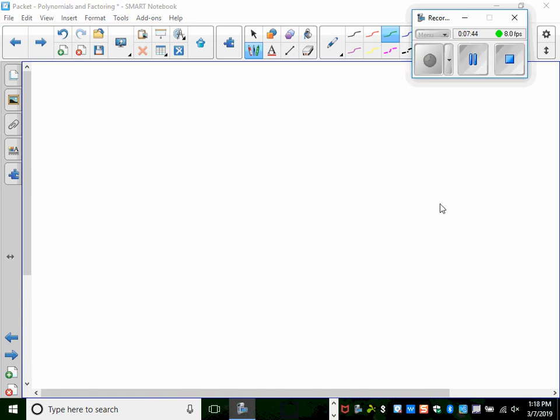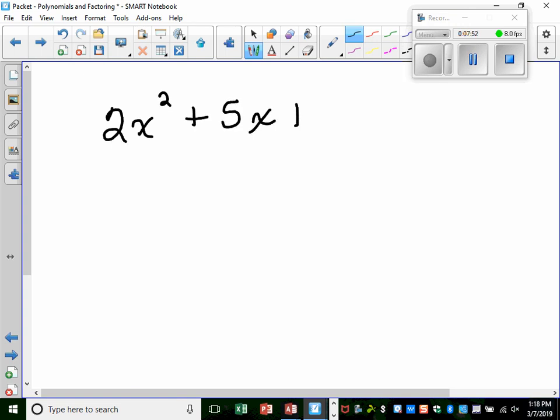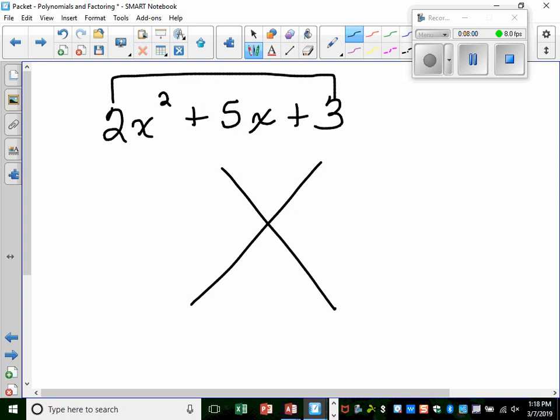All right, so let's take a look at number 2. I'm going to write down number 2, which is 2x squared plus 5x plus 3. Okay, I'm going to make my x. My a times c goes at the top. So that's going to give us what? 6. And what goes at the bottom? 5.